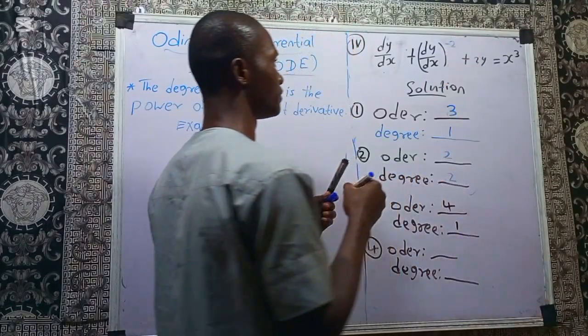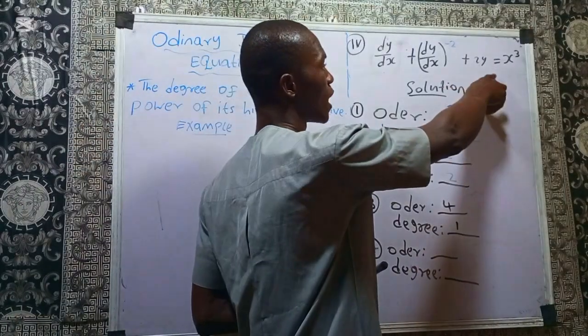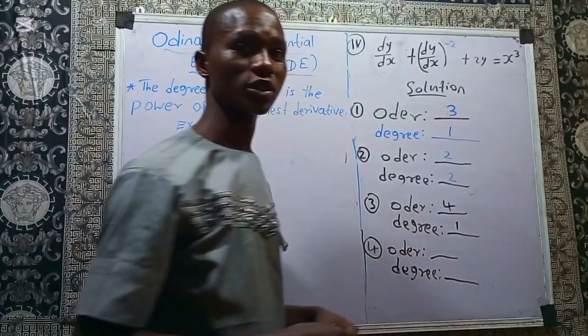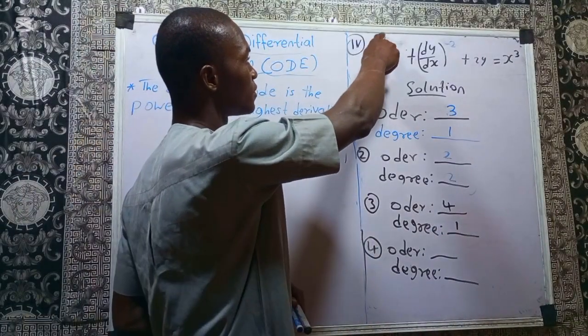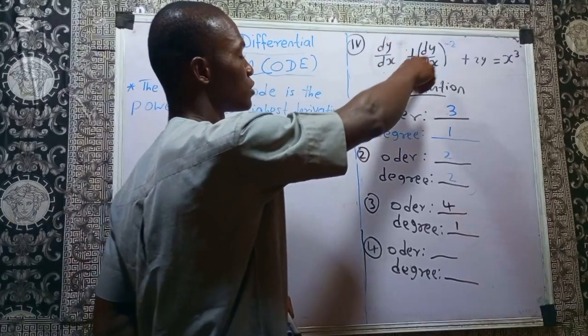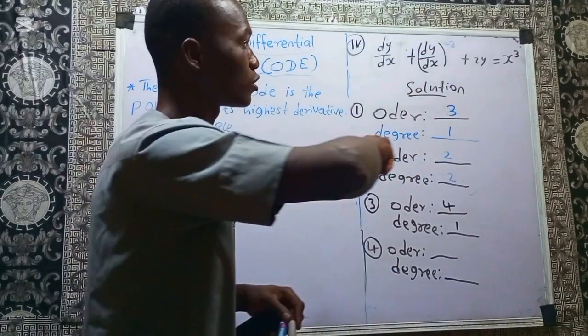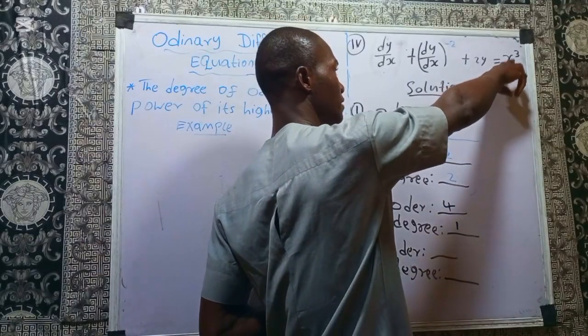Plus 2y equals x raised to power 3. So the correct equation is the first derivative of y with respect to x plus the first derivative of y with respect to x raised to power negative 2, plus 2y equals x raised to power 3.